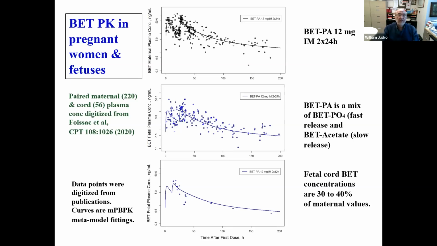And you can see these fitted curves capture the profiles extremely well. What is significant is that the fetal cord plasma concentrations are about 30 to 40% of maternal values. So that can be explained by the role of the PGP transporter in the placenta.